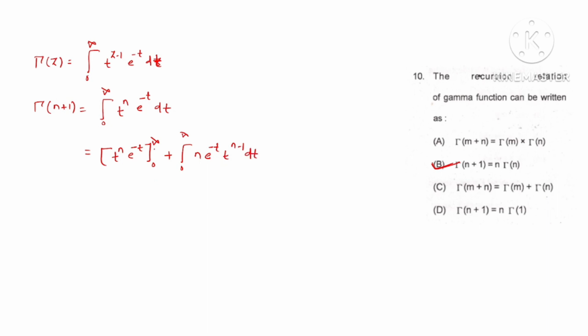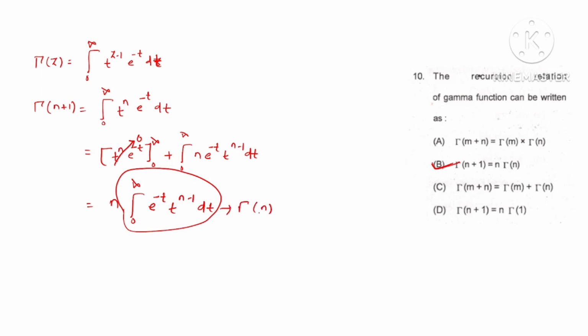And in this interval, this first term will vanish. Then this gives us n times the integral from 0 to infinity of e to the power minus t, t to the power n minus 1 dt, which is equal to gamma n, right? So we can write n gamma n. So option B is the right one.